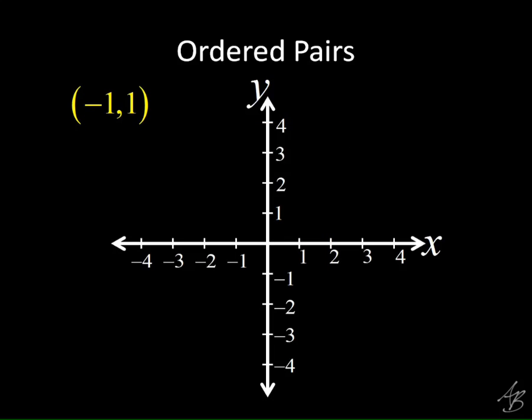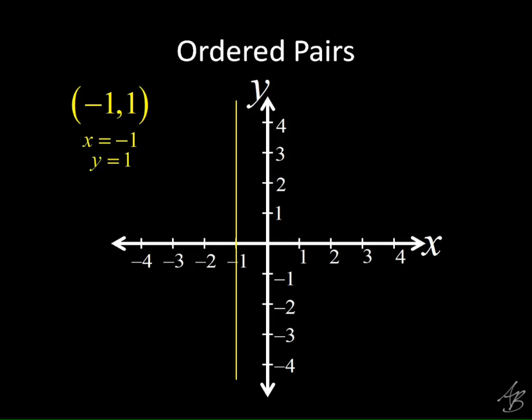On this one here, what is the x value going to be? X is going to be -1. So on the x-axis, I'm going to find the -1, which is left 1, which is right here. I'll draw a line through it. I like to do it this way, at least for the beginning, just so we have a visual of what's going on. So we go left 1, and then the y value is going to be what? +1.